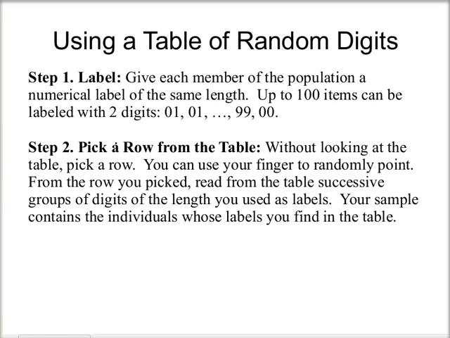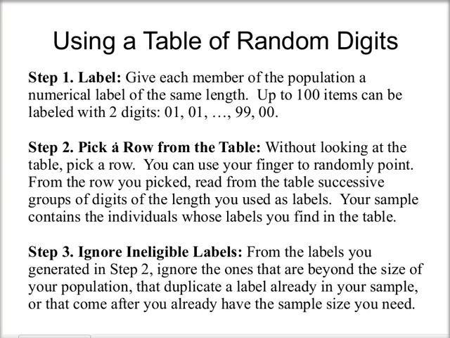Once you've picked your row, you can read the table and find successive groups of digits of the length you used as labels. So we pick a row and we're going to break it up into labels of the length that we've chosen for our population. And once we do that, we need to ignore the ineligible labels. From the labels you've generated by just reading across that row in step 2, you're going to ignore the ones that are outside the size of your population.